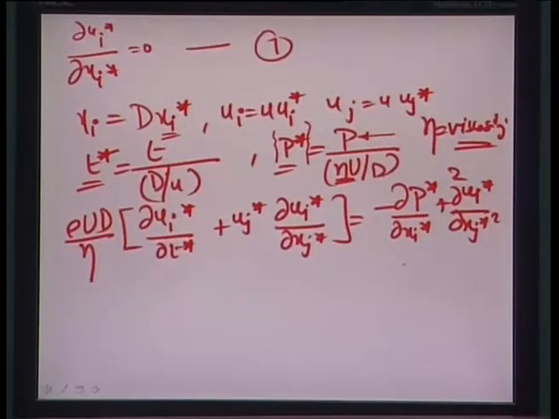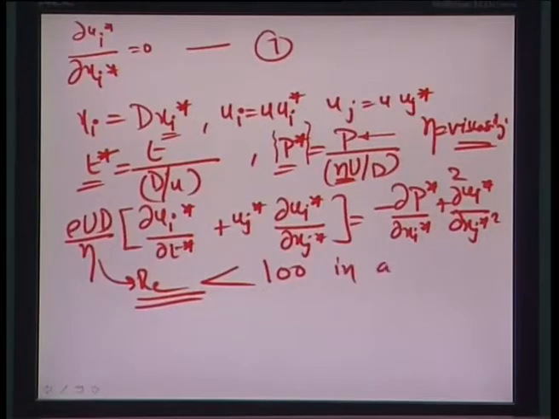This prefactor essentially is the Reynolds number Re, which we found out last time in the scaling down, and the Re is less than 100 in all microfluidic devices, very often less than 0.1.